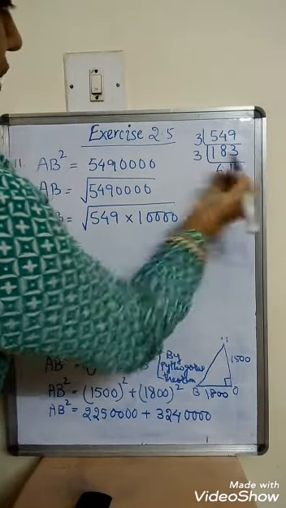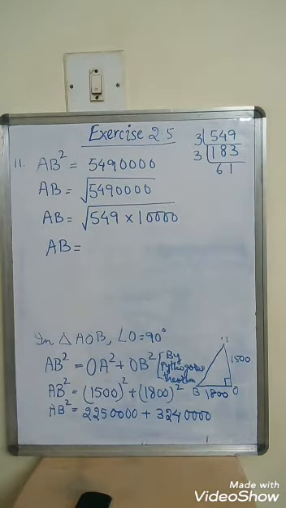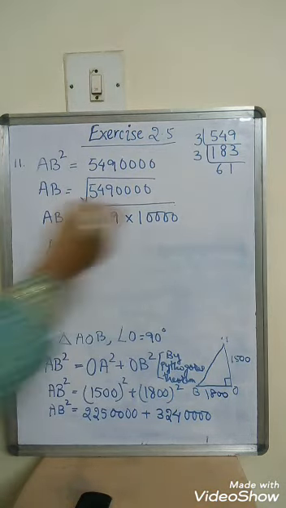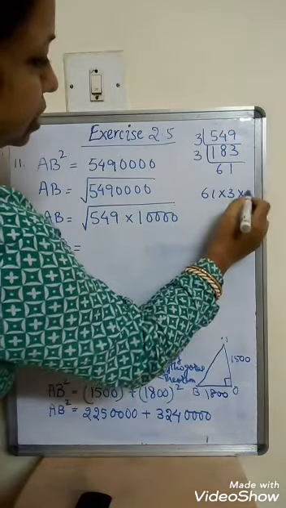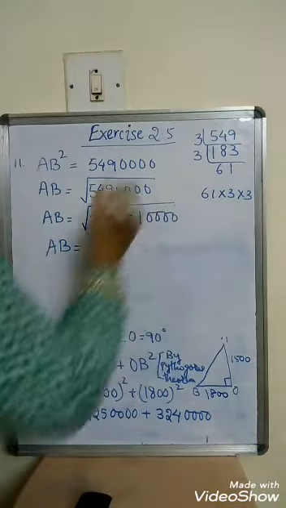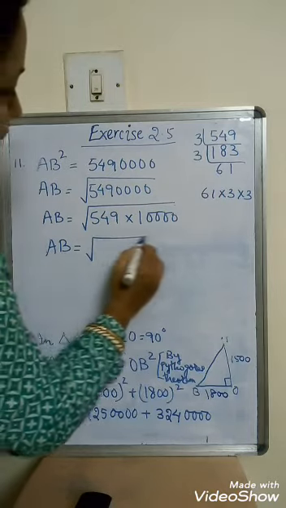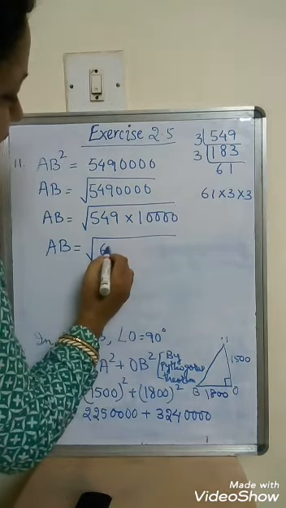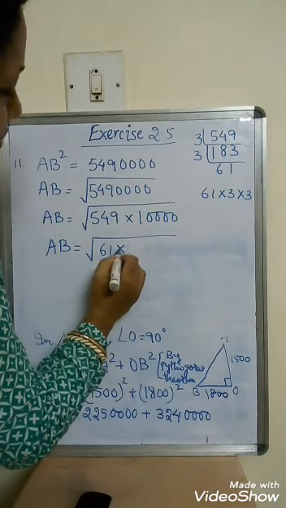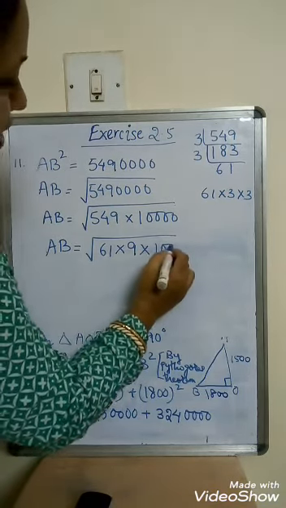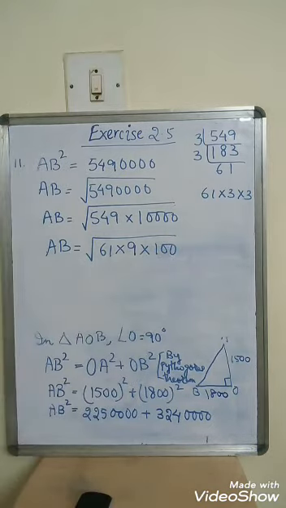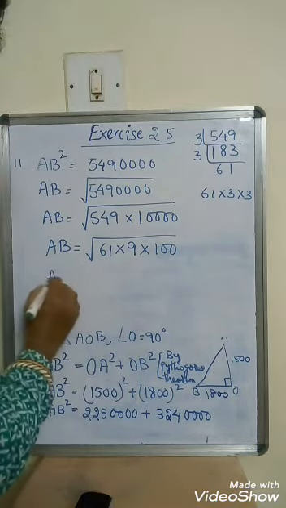Now it will not go with any other, right? 61 will not go with any other. So what are the factors we got? We got 61 into 3 into 3, right? So 3 3s are 9. So how are we going to get it? We are going to get 61 into 9 into, what was the factor for this? It was 100, right?